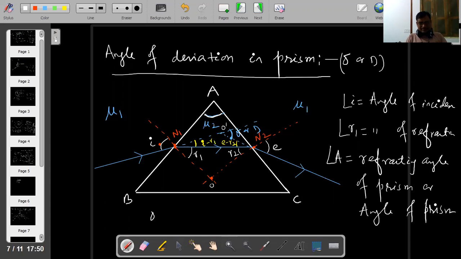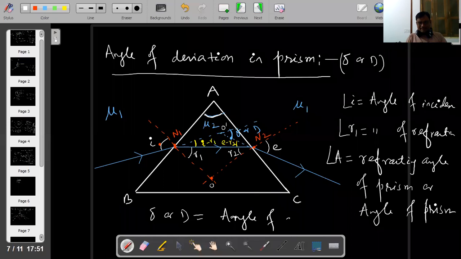And delta, or D, is known as the angle of deviation. What is the angle of deviation?